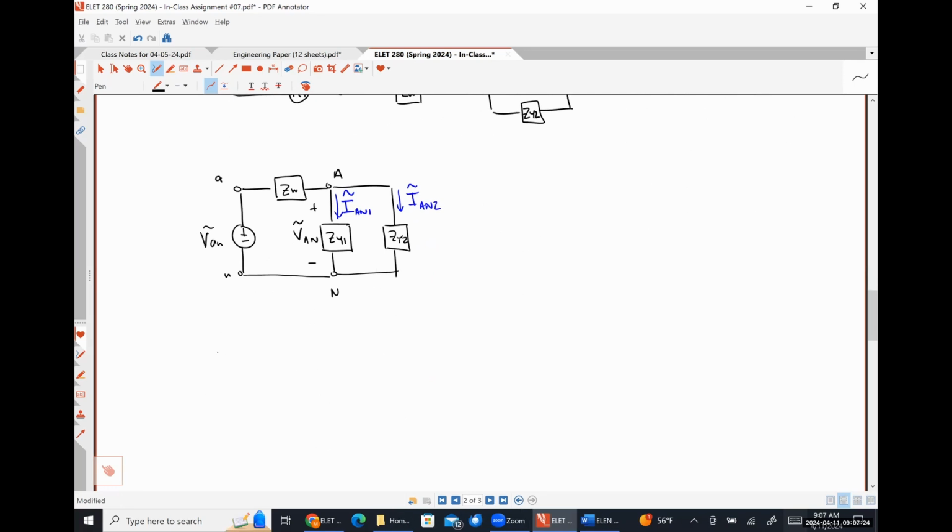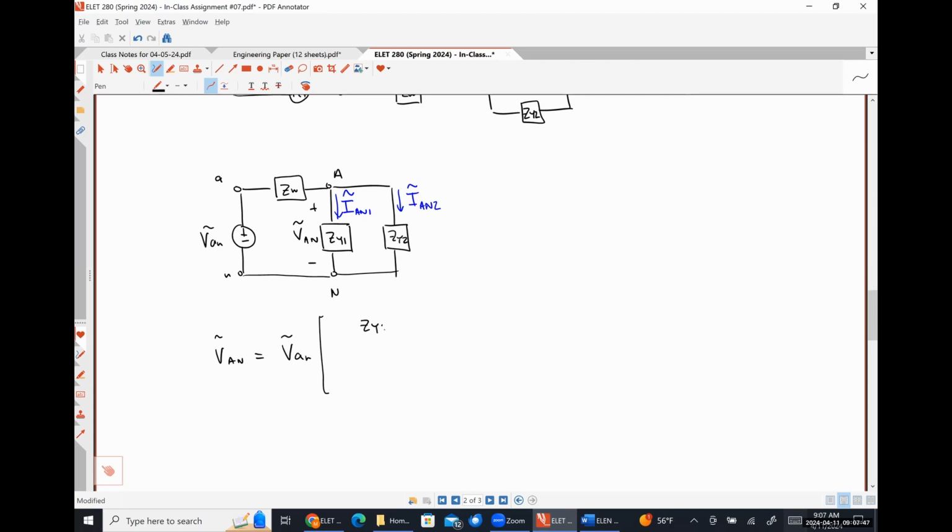So to me, the voltage VAN could be easily determined by using voltage division, where I would have my known voltage, which is the source voltage, multiplied by the impedance I'm trying to find the voltage drop over, which in this case is ZY1 in parallel with ZY2.